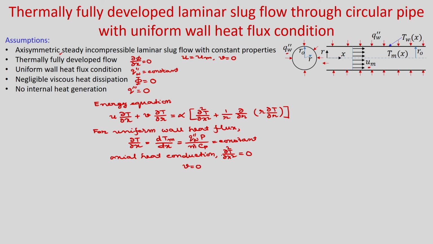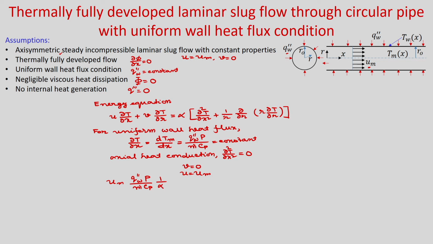Okay. So, if you put this in this energy equation, you will get u is equal to u m. So, you can write u m into del T by del x, which you can write as q double prime w P by m dot Cp. Okay. This alpha we will take to the left hand side.